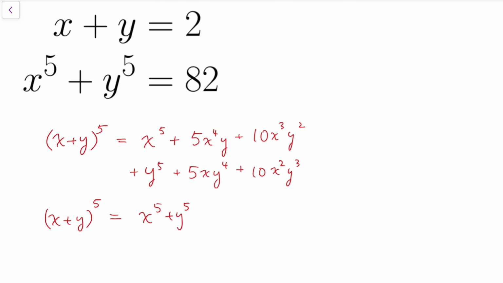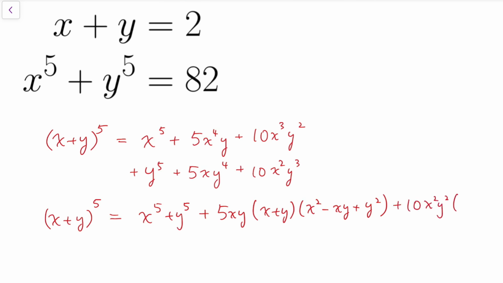Whereas for the other two columns, we have 5xy times the sum of cubes, which can be further factorized as (x plus y) times (x squared minus xy plus y squared), while for the last column, it's 10x squared y squared times (x plus y).